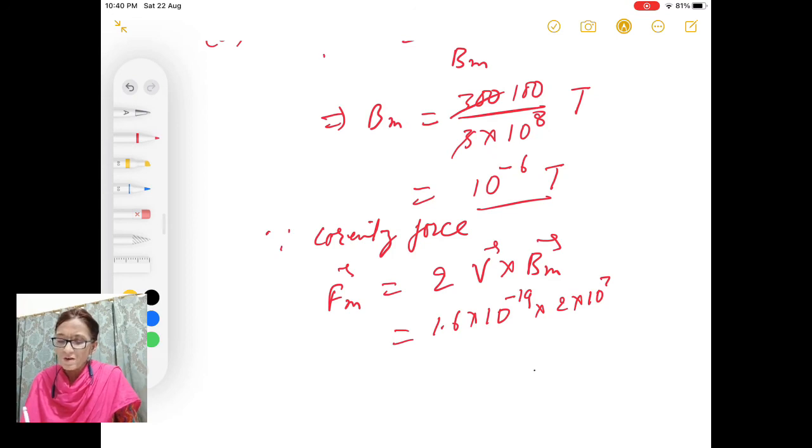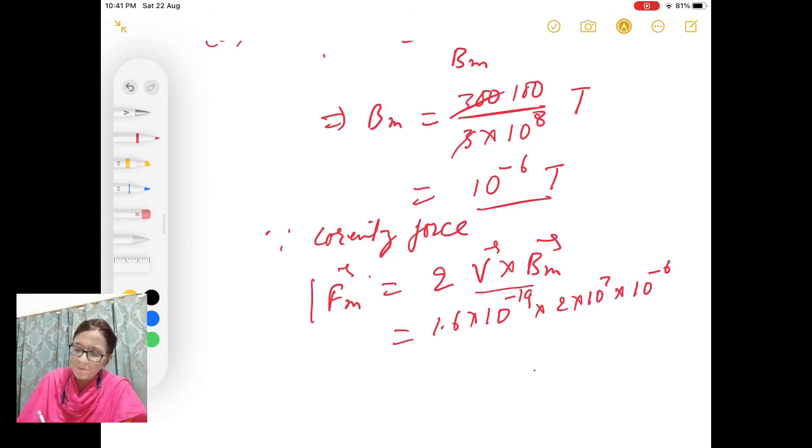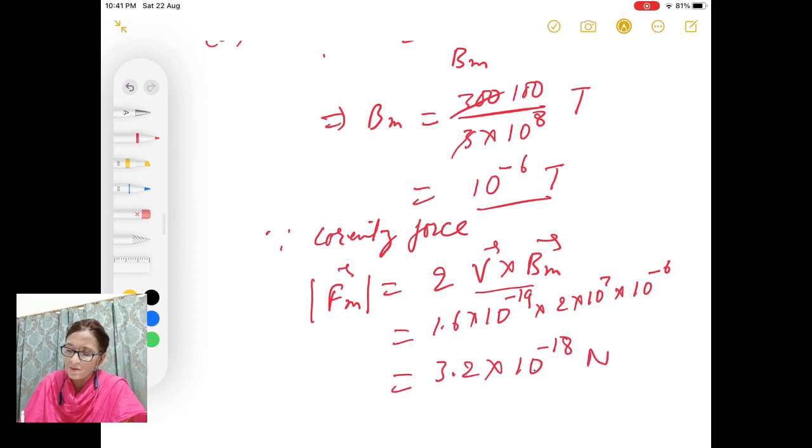And the magnetic field amplitude is 10 to power minus 6, and these are along perpendicular directions. So sine 90 degree becomes 1. This is the magnitude of the magnetic force, and this comes equal to 3.2 into 10 to the power minus 18 Newton.